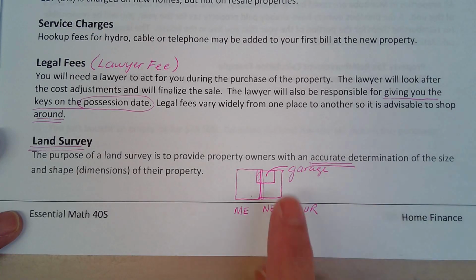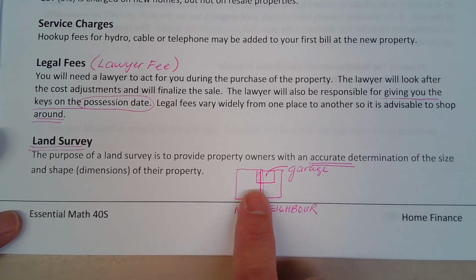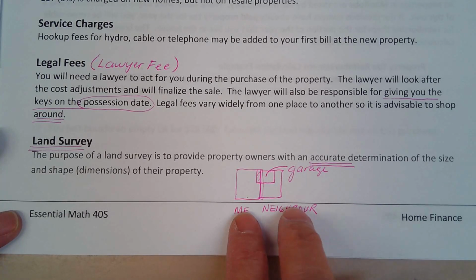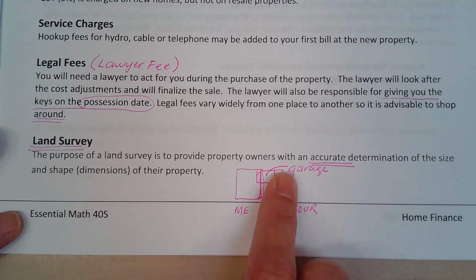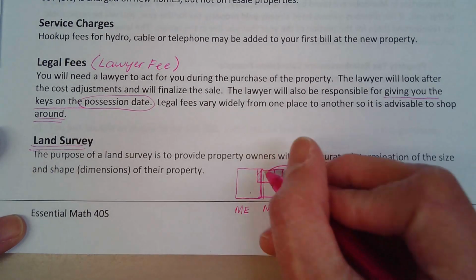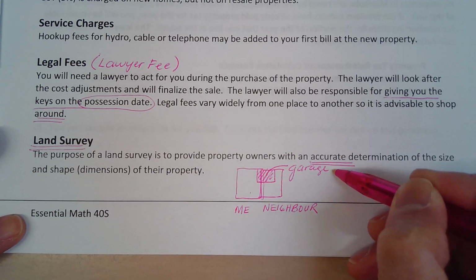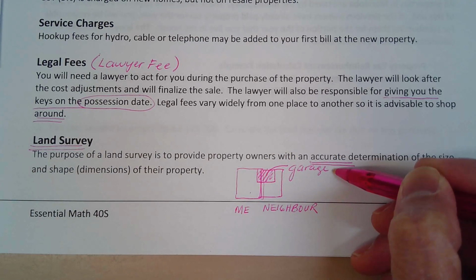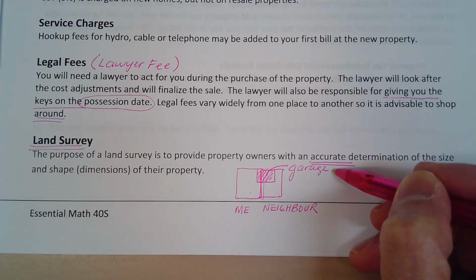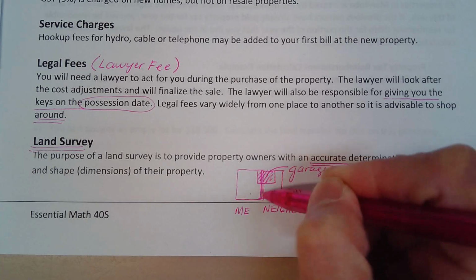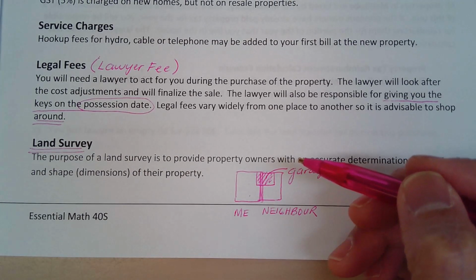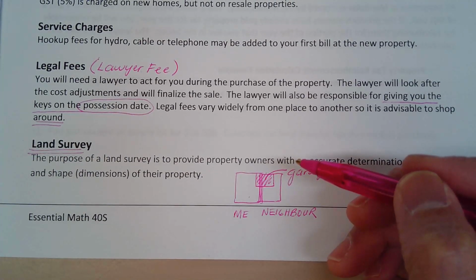And when issues like that happen between neighbor and me, right? Okay, this is me, this is my neighbor who decided to put up a garage. I can call the city of Winnipeg and say, you know what, I think my neighbor's garage is over my area, okay?